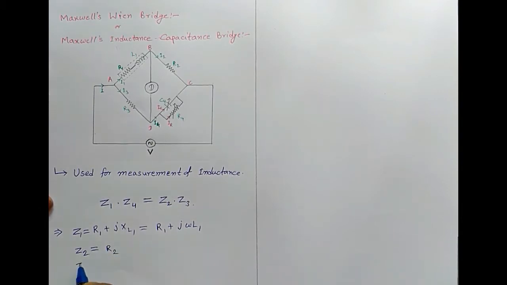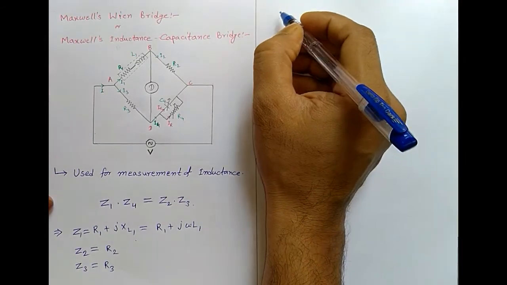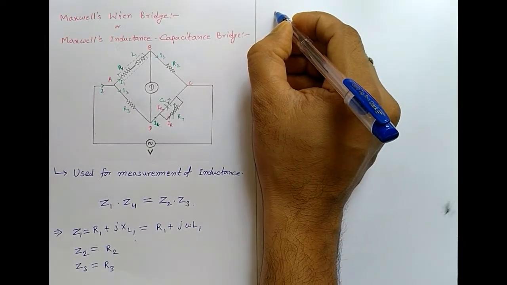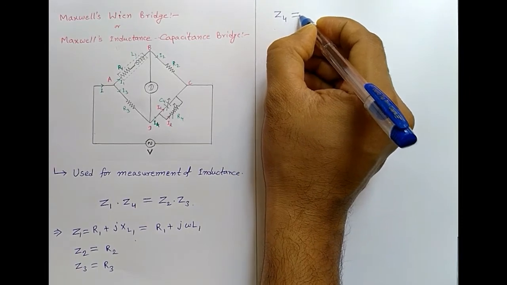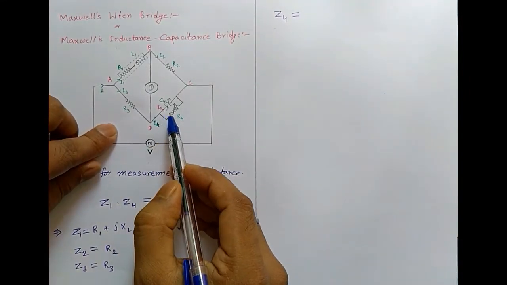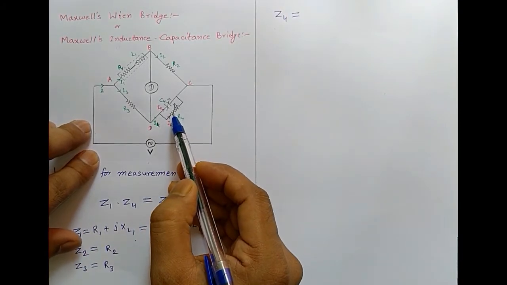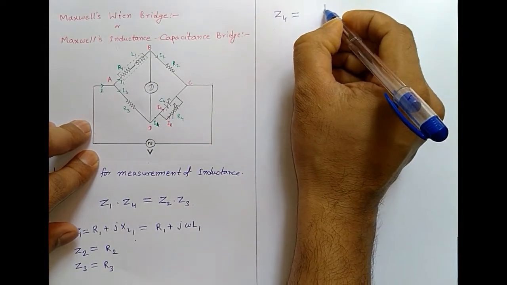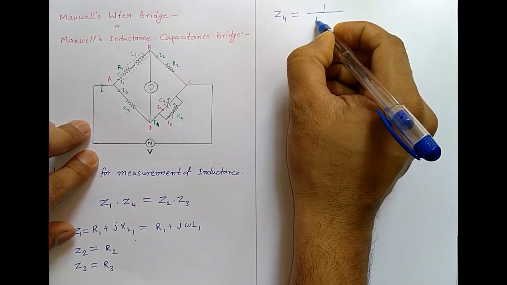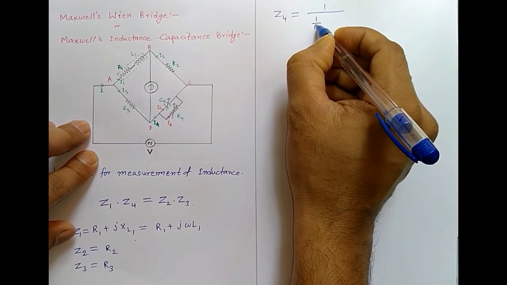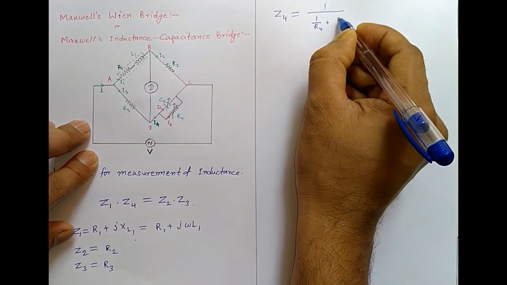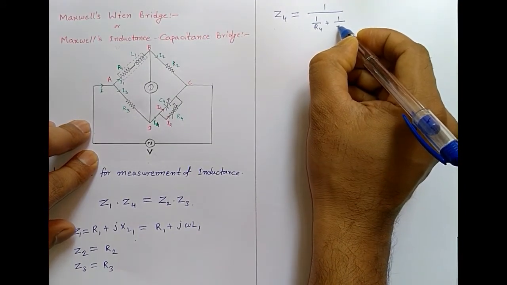In the similar way, Z3 will be R3. But what will be Z4? Since both this capacitor and the variable resistor are connected in parallel, Z4 will be 1 by (1 by R4 plus 1 by minus jXC).